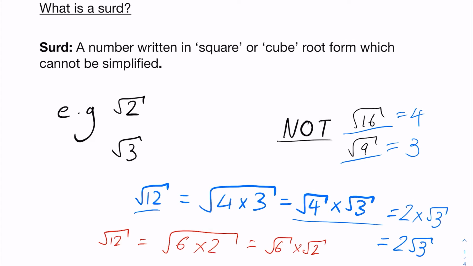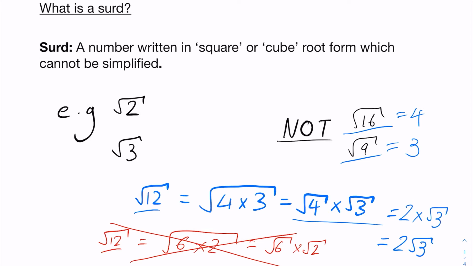So that does not simplify in this way. It only ever works if you can actually spot a square number that goes into your original number. If there's no square numbers that go into it, you cannot break it down. So put a cross through there so you know you cannot simplify it in that manner.